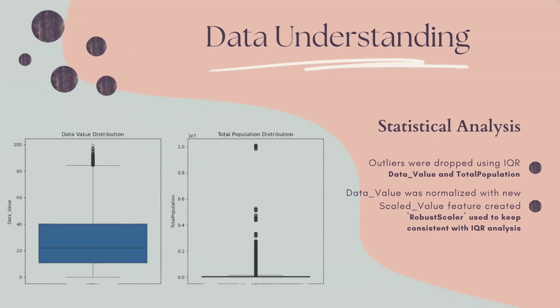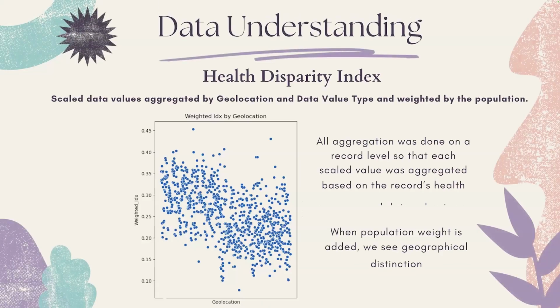So as far as statistical analysis, outliers were dropped using interquartile range; data value and total population are the two features where this was relevant. And then the data was also normalized using robust scaler to keep consistent with the statistical analysis of the interquartile range.